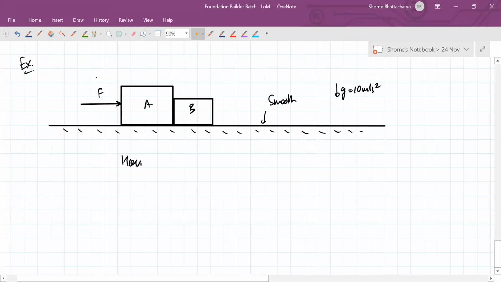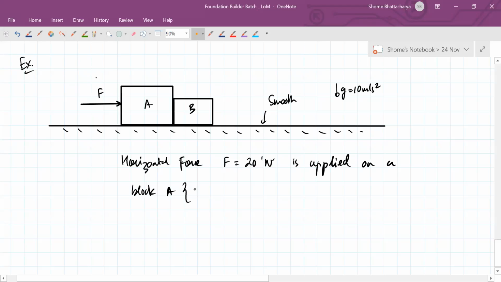A horizontal force of 20 newtons is applied on a block A which has mass, let us say, 8 kilograms, in contact with block B which has mass of 2 kilograms as shown.